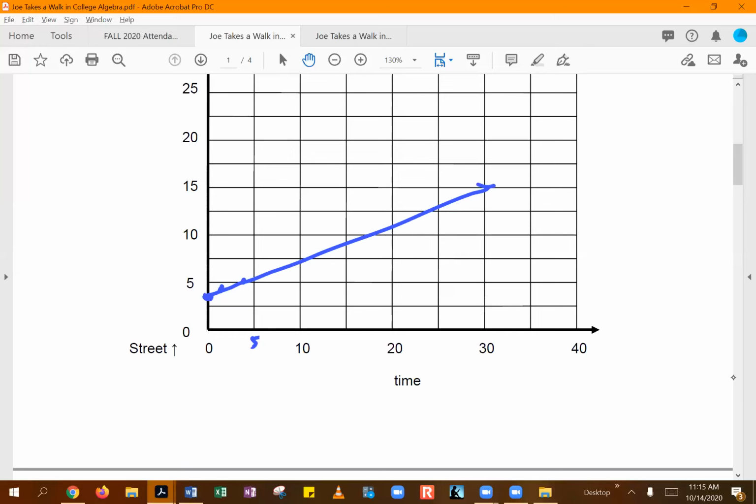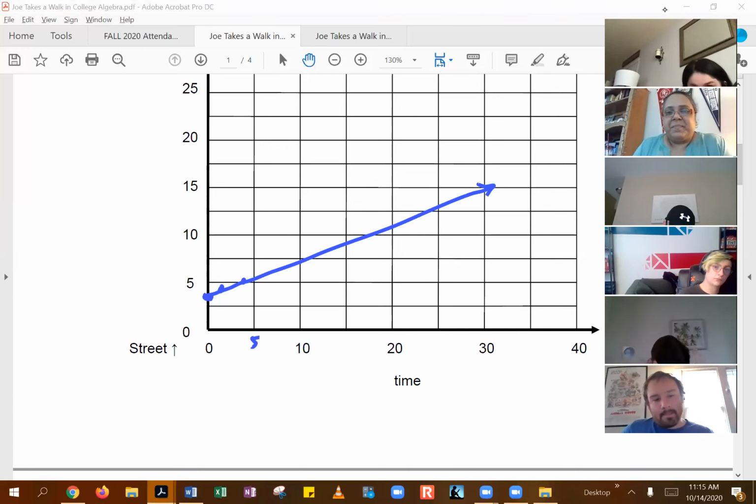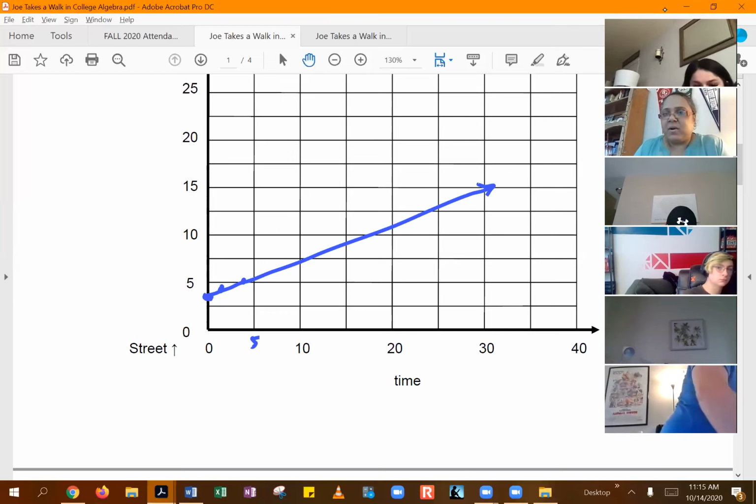Hopefully something like this. And that's the reason why usually these graphs end up looking pretty funky, because they've given us such a terrible grid to work with.